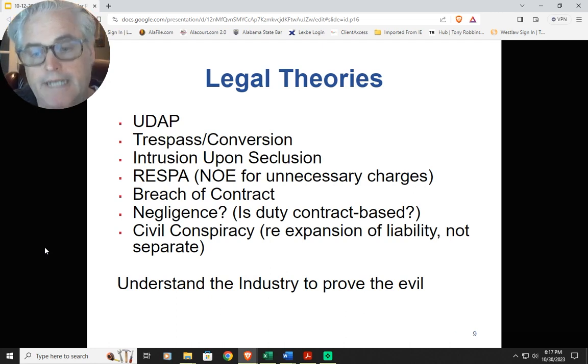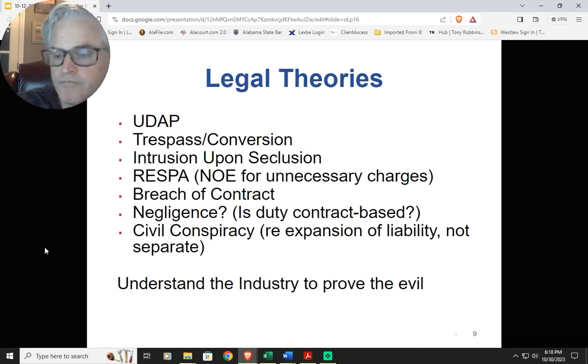And again, the Thacker decision has a great discussion of that. But to really prove what's nefarious, you absolutely have to understand the industry, the way that they work, and all these rules are sort of put in place by the GSEs and basically manipulated for profit by the actors up and down this chain.